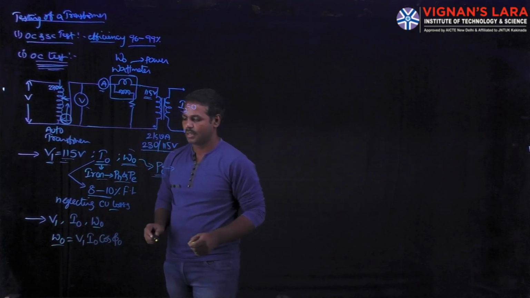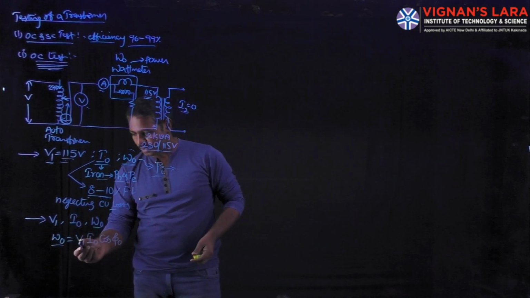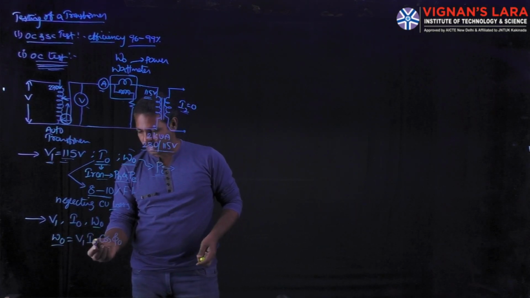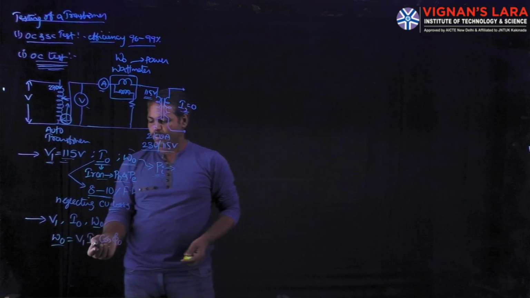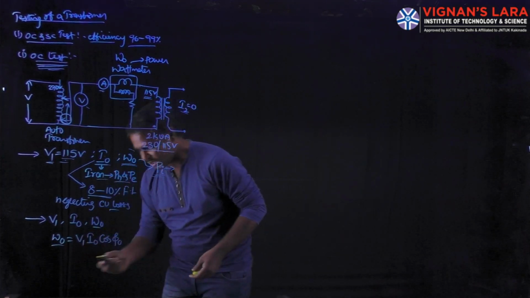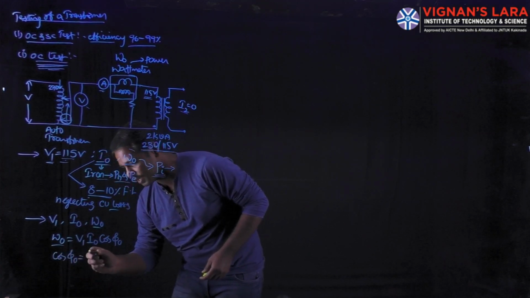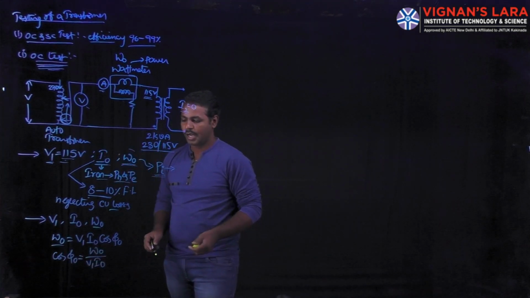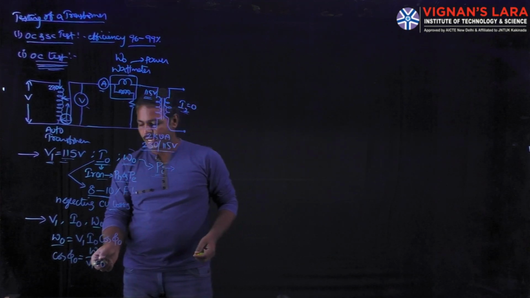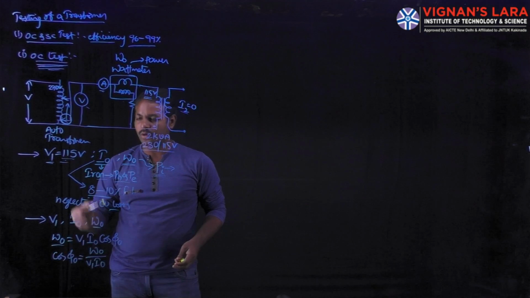This is the power equation of a transformer: no load power is equal to input voltage and input current multiplied by the power factor, the cosine of the angle between voltage and current. So cos phi naught is equal to W naught divided by V1 into I naught. V1 is the input voltage, I naught is the no load current, and W naught is the no load power.